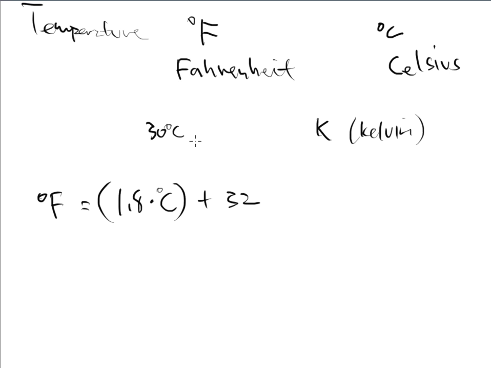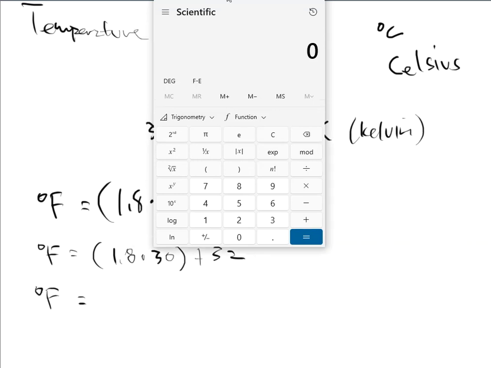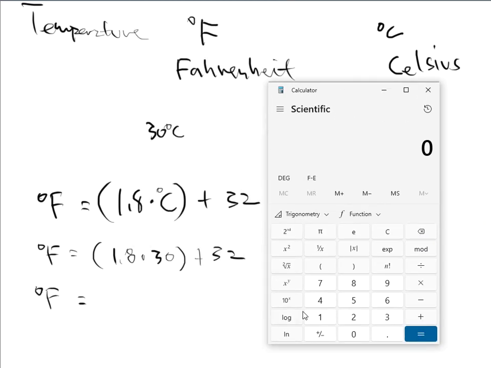Well, we can convert that Celsius into Fahrenheit using that equation. We just plug the number into that equation. I'm going to take 1.8 and multiply that by 30, and then I add 32 onto that value. So if it was 30 degrees Celsius outside, I take 1.8, multiply by 30, and I hit enter.